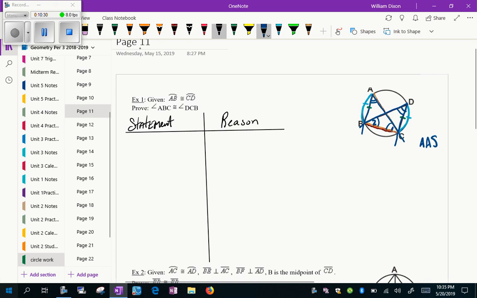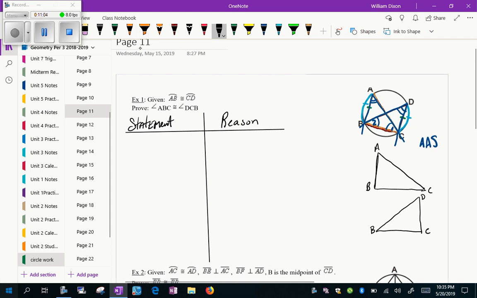Now let's break that out a little bit because that could be confusing for some people. So what I had was A, B, and C. And then on the other side, I have D, C, and B. Those are the vertices.